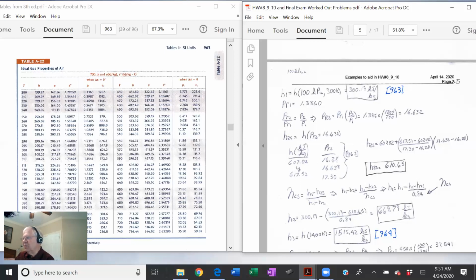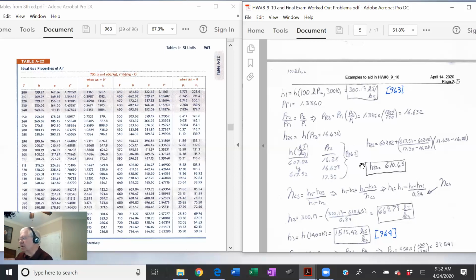We have 16.28 is a table value, and that is associated with an H2S of 607.02. Then we have 17.30, and that's associated with 617.53. By the way, we can see the temperature here is going to be about 602 degrees. But as it turns out, we don't really need that temperature.